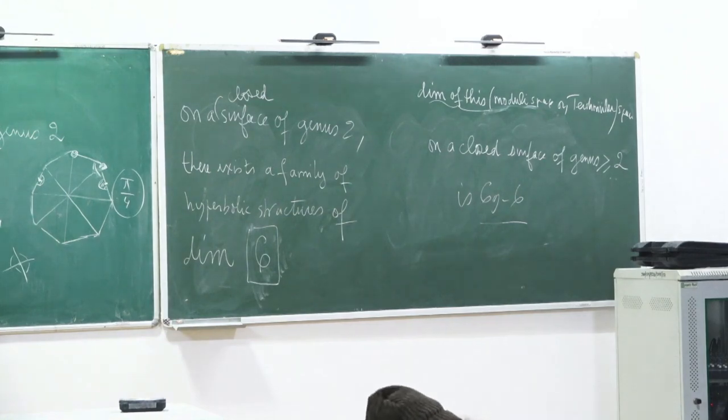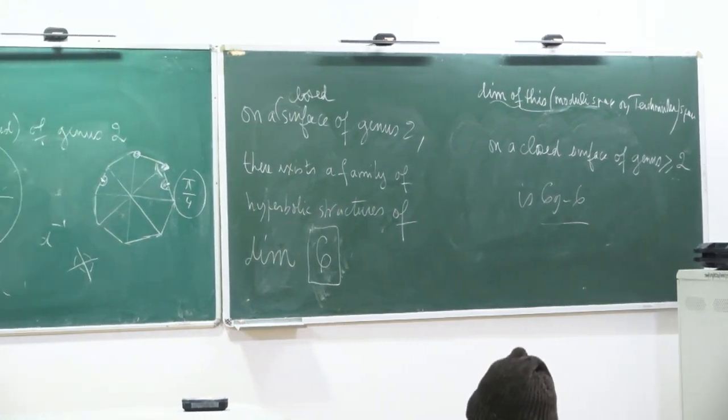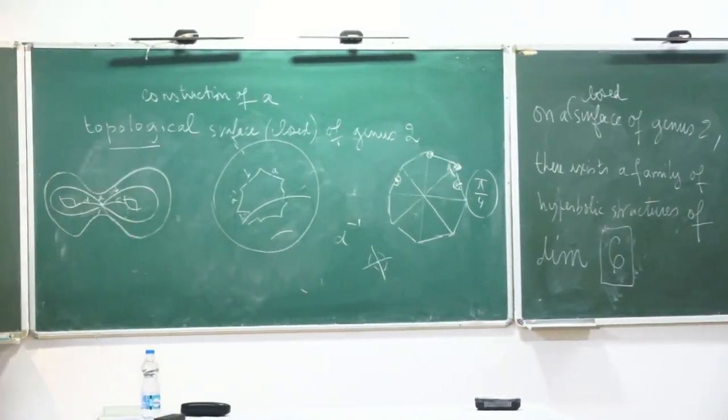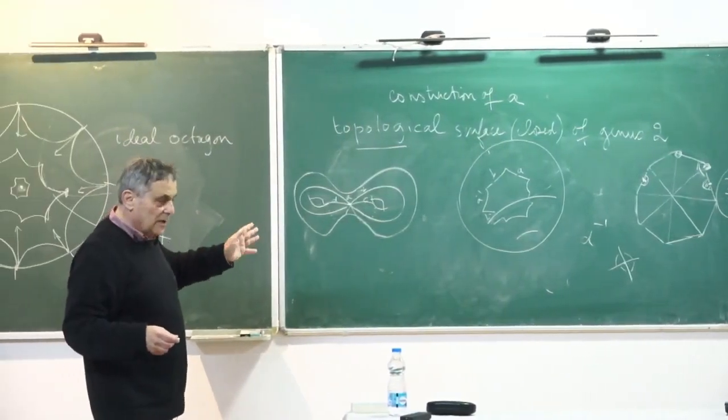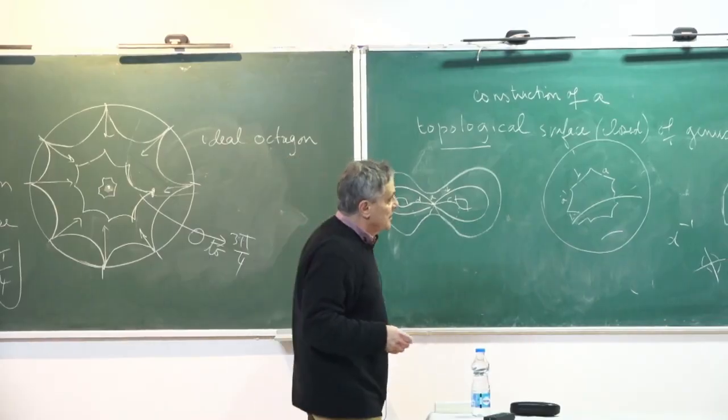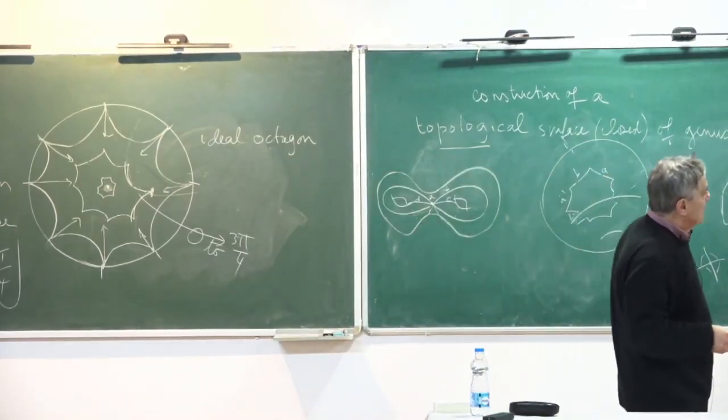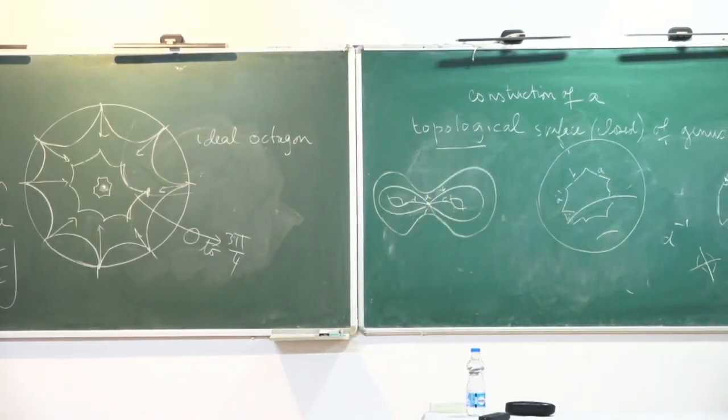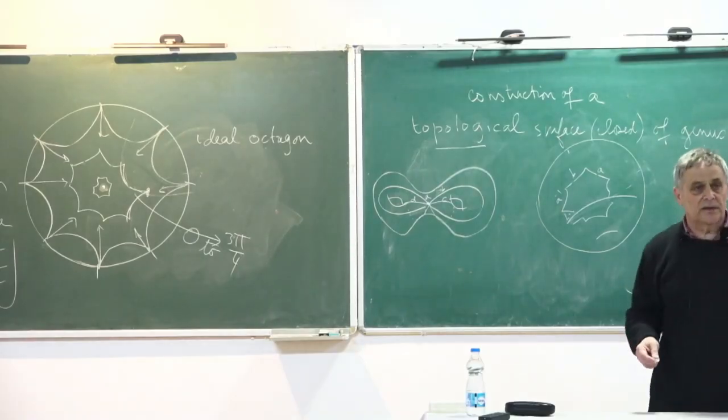You must count parameters to find this space. I will show you how to count. There are different ways of counting parameters, so there are many approaches to this problem.